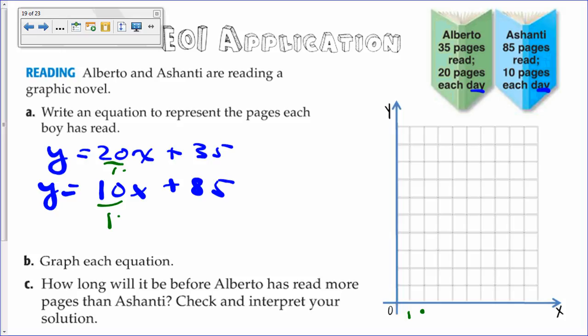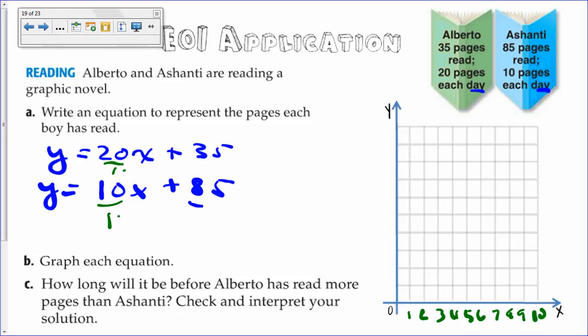So 1, 2, 3, 4, 5, 6, 7, 8, 9, 10. Go by 1s on the bottom. That makes it a lot easier when I count my slope, doesn't it? Yeah, okay. And then on the y-axis, I'd go by what? Since I have 10 here and then 20, I'd probably go by 10s, right?